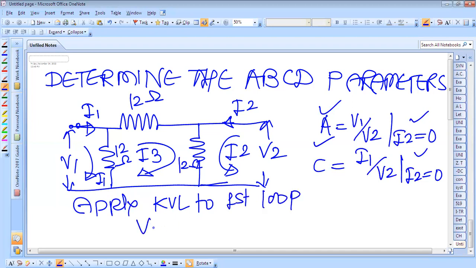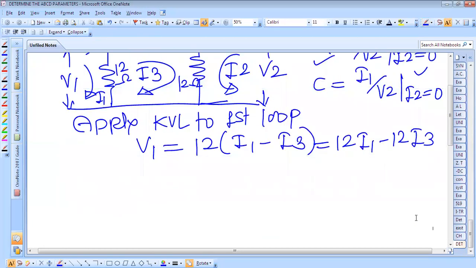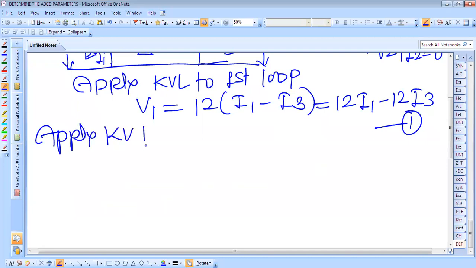If you apply KVL, V1 is equal to 12 into I1 minus I3. This is equal to 12 I1 minus 12 I3. This is equation number 1. Now apply KVL to inner loop.